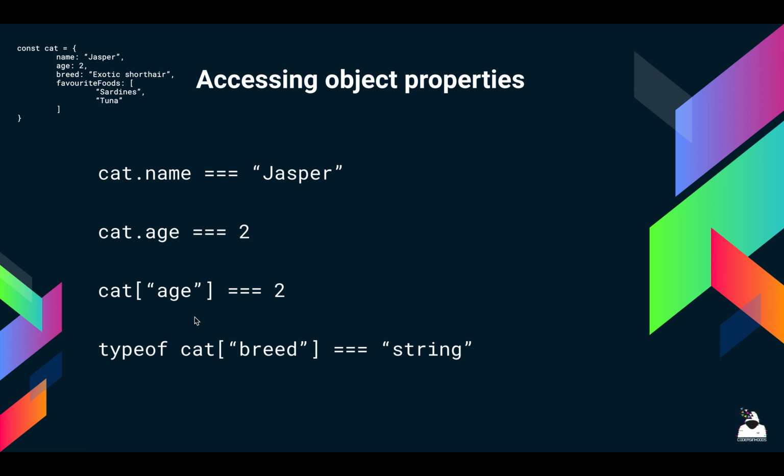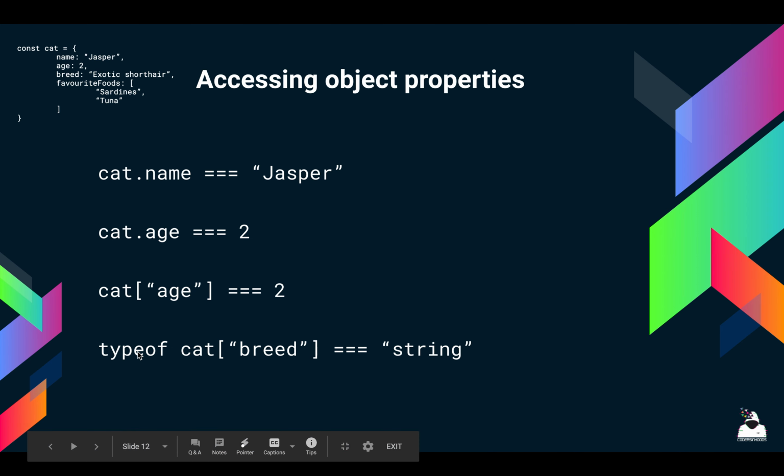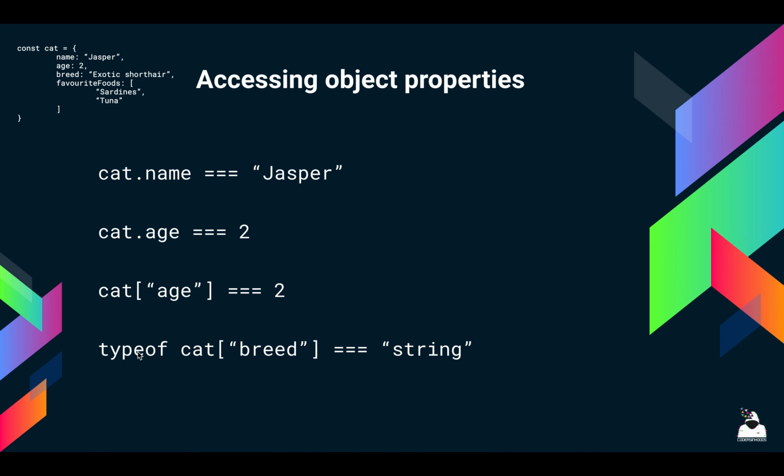There is another time when you'd use square brackets, and we'll see that later. Typeof, remember, gives us the type of, hence the name, a value, and we can access breed. Again, typeof cat breed is string. The type of the value stored at this key is a string.